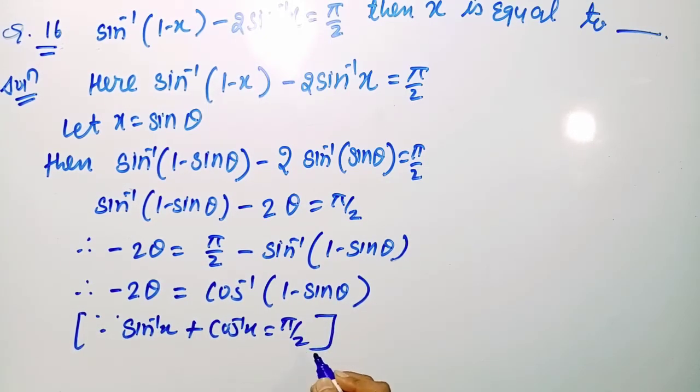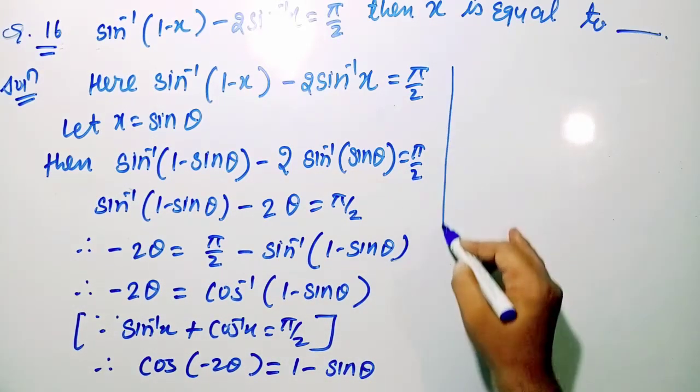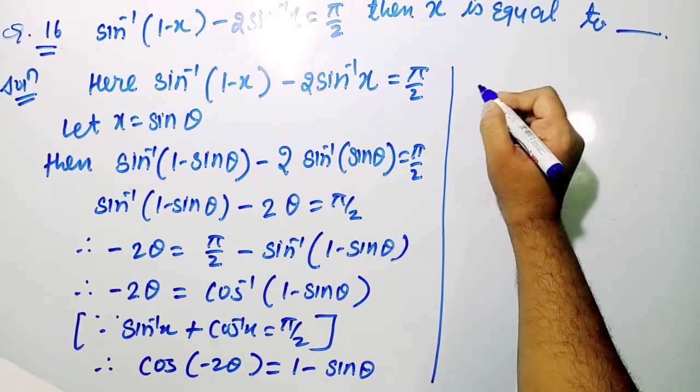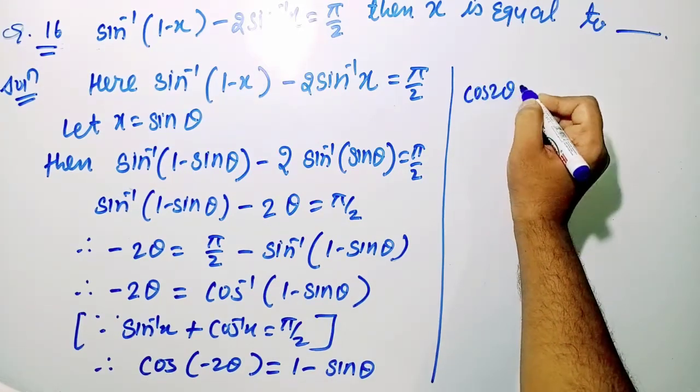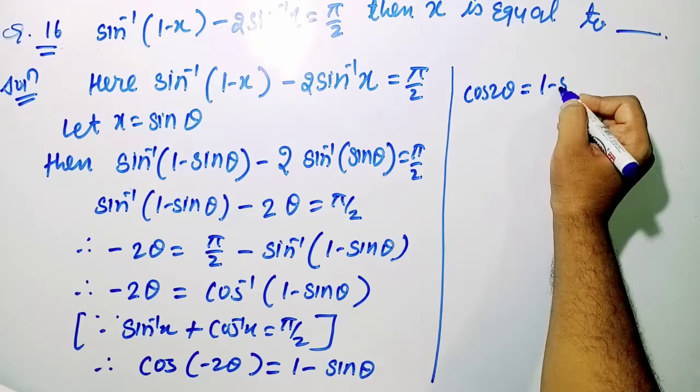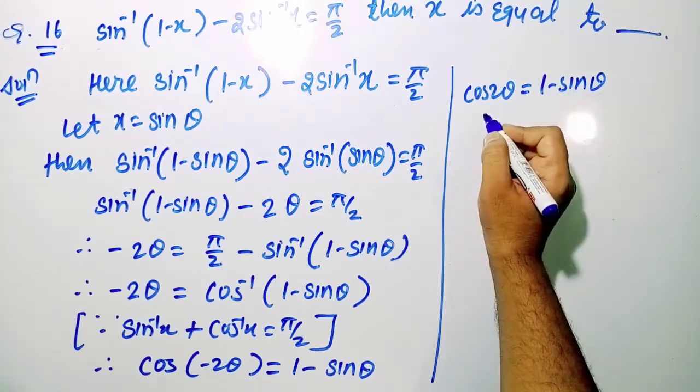So the value of sin inverse x will be what? Pi by 2 minus cos inverse x. In place of x, here it is 1 minus sin theta. So applying cos on both sides, so cos of minus 2 theta is equal to 1 minus sin theta, because cos inverse will be removed by cos. So cos 2 theta is equal to 1 minus sin theta.